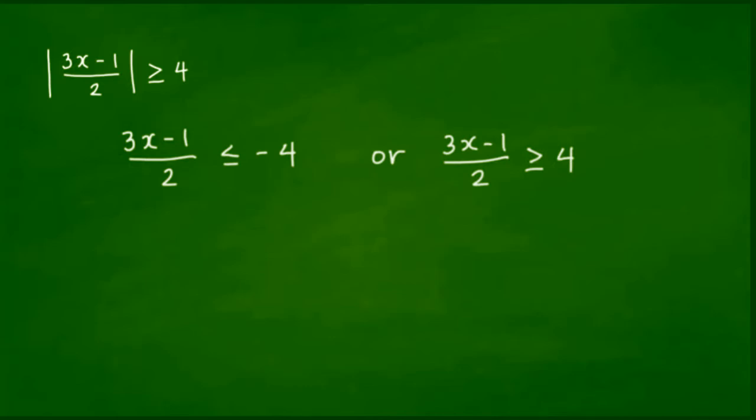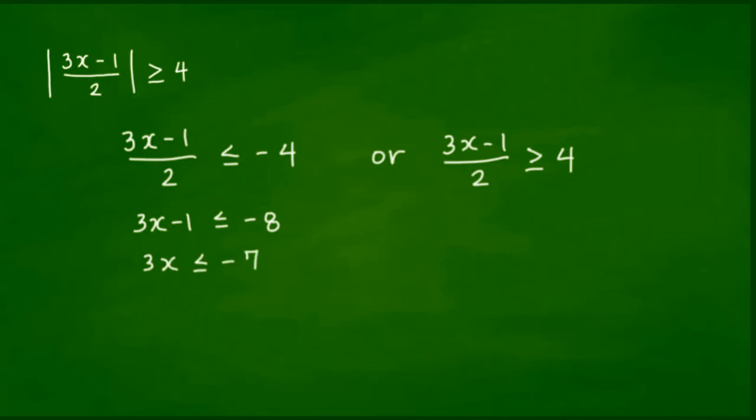Now we solve these two inequalities separately. For the first inequality, we multiply both sides by 2. Since that is a positive number, it will not change the direction of the inequality. So you will have 3x minus 1 less than or equal to negative 8, and then we add 1 to both sides.